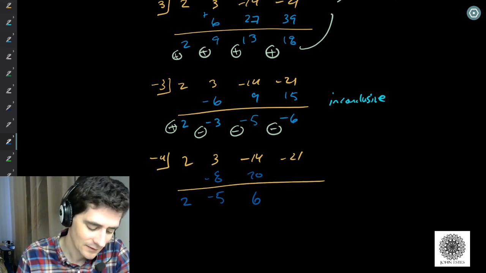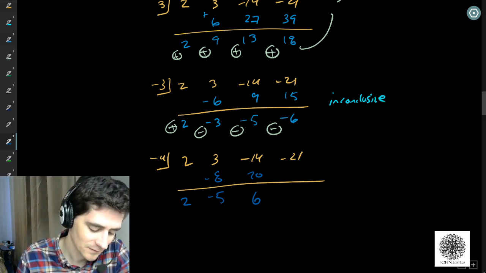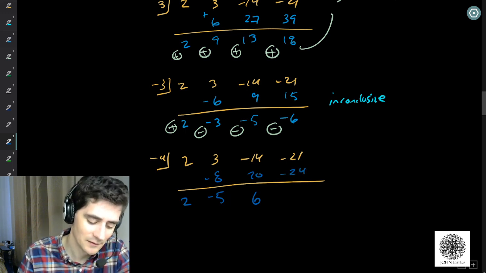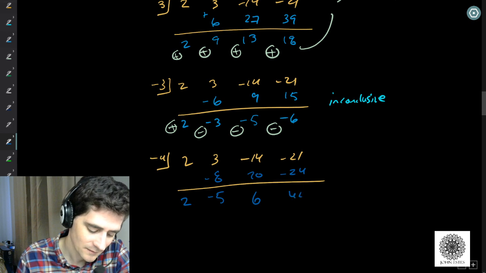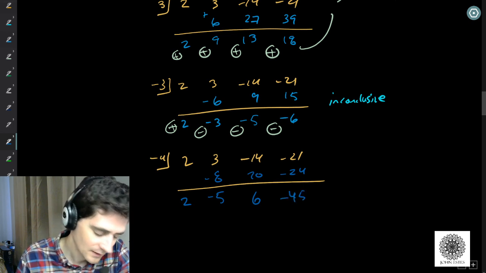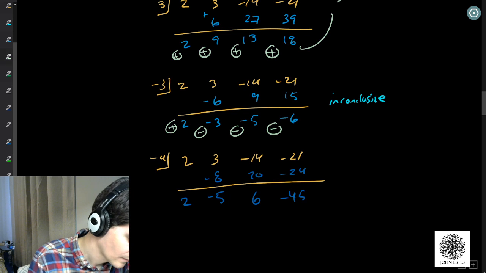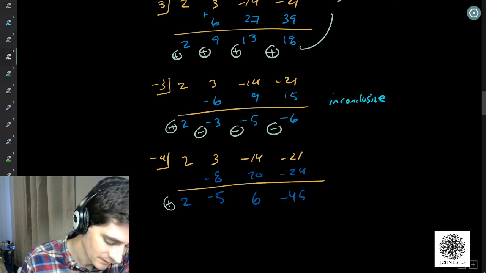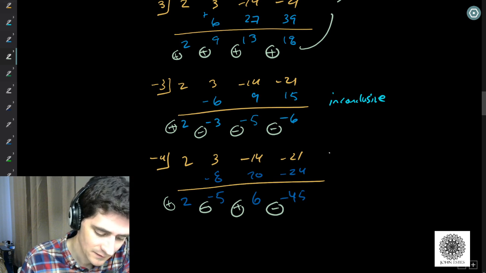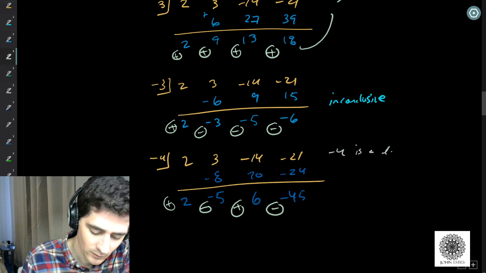And then negative 6 times negative 4 is negative 24. A negative plus a negative is going to be negative. What is that? Negative 45. I think this works. Look, we have positive, negative, positive, negative. Great. Negative 4 is a lower bound.